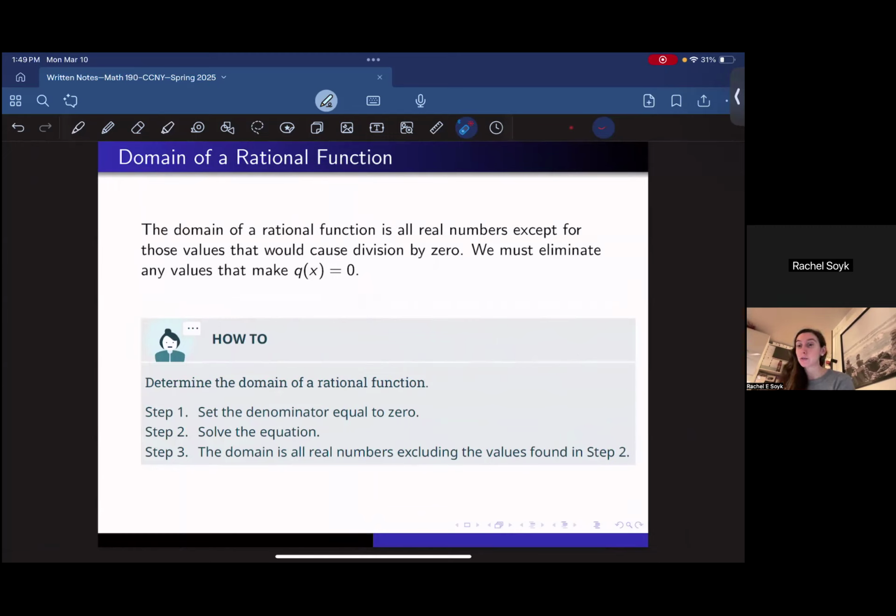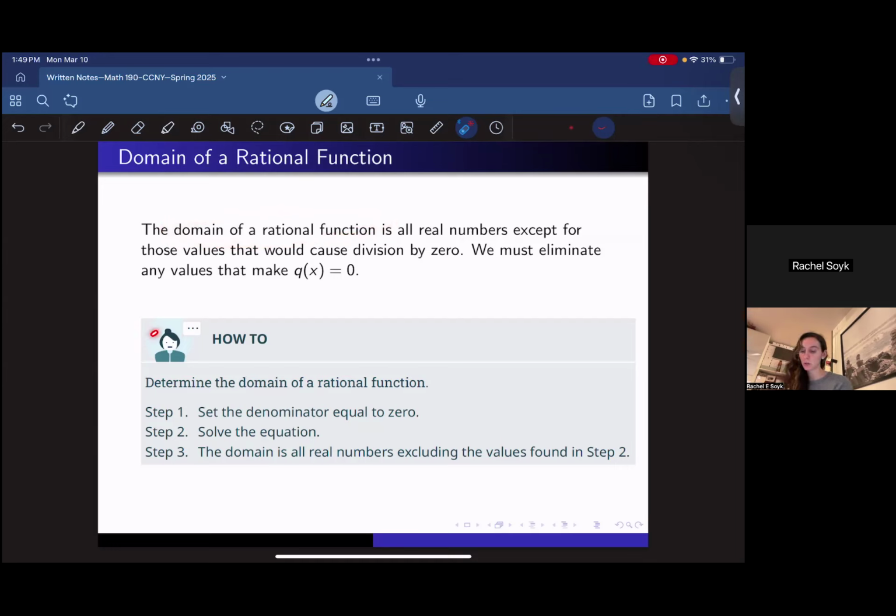What are our restrictions for this function? Those restrictions we need to exclude from our possible x values that make up our domain. All of the x values in a function, aka, is just another way of saying the domain of that rational function.